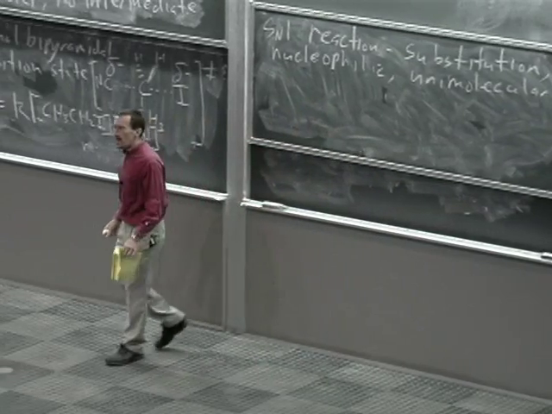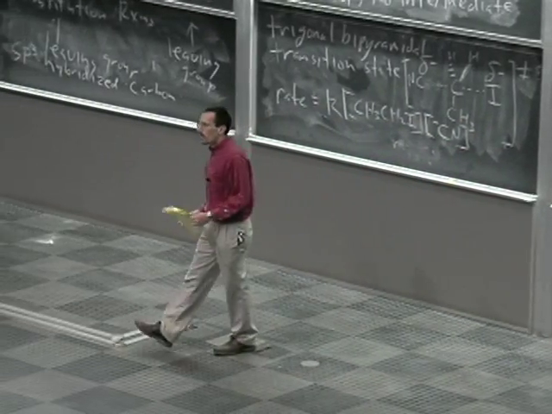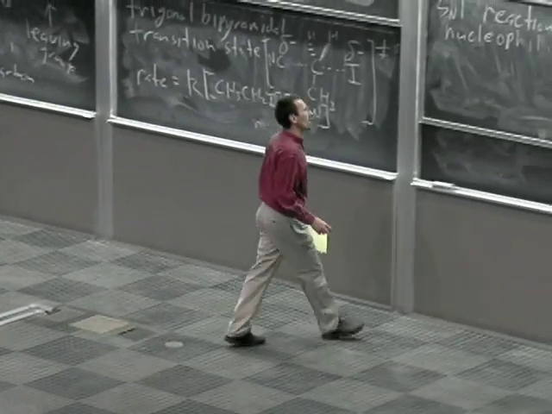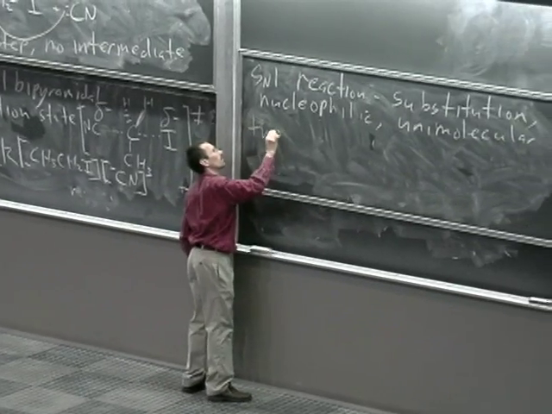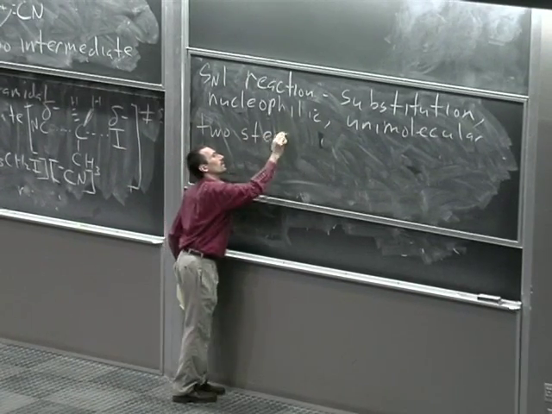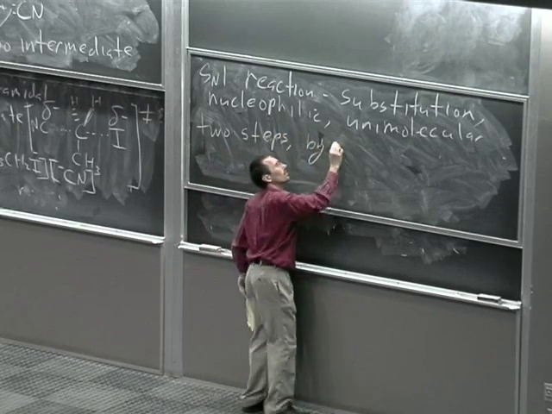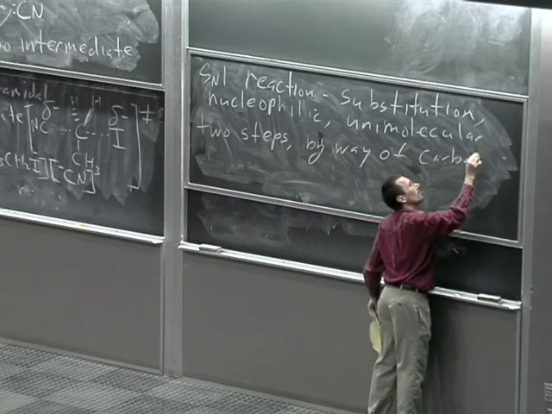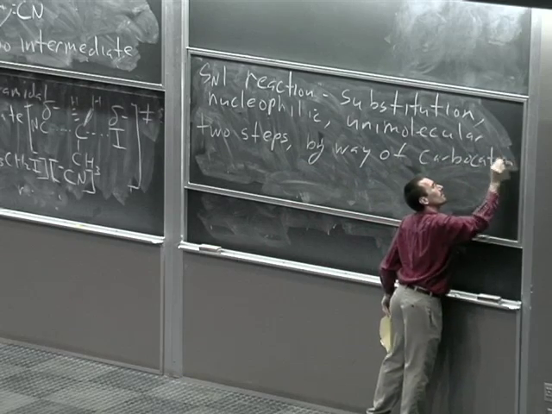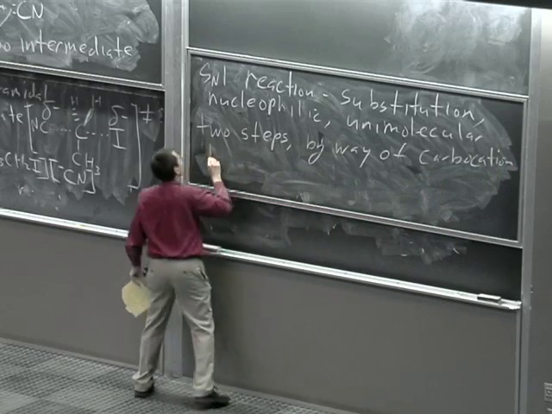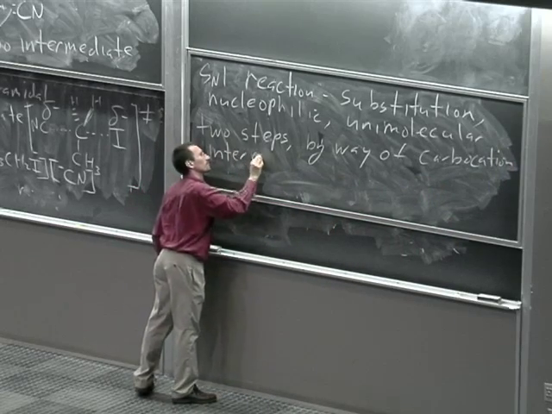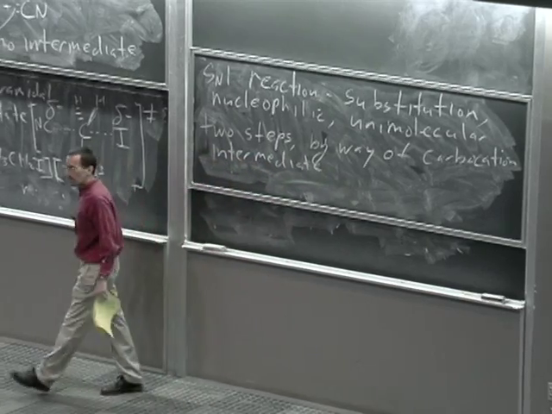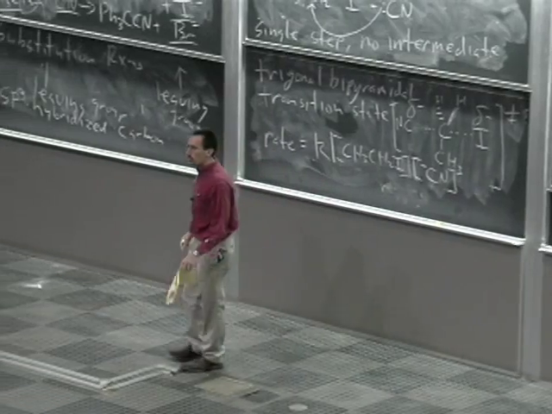And we've already seen the mechanism for this reaction. The reaction goes in 2 steps by way of a carbocation intermediate. Remember, in the first step, the halogen leaves.